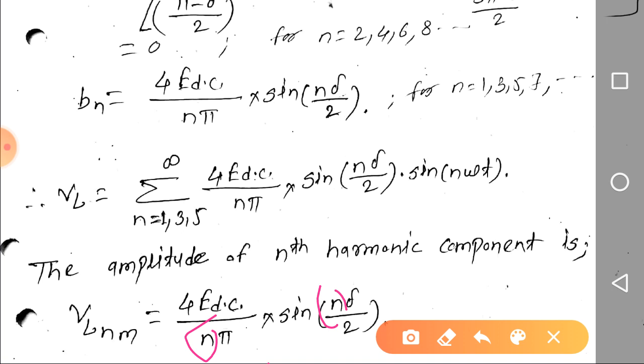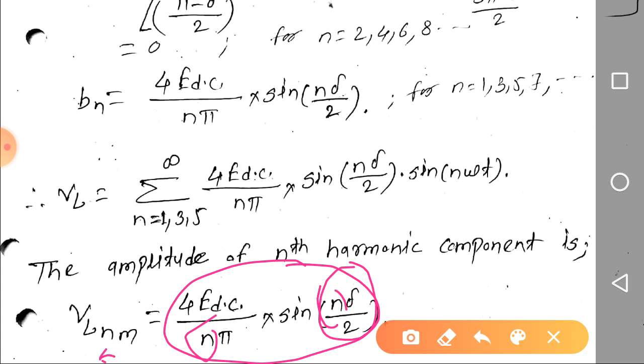Now if we select the value of δ/2 such that sin(3δ/2) becomes 0, then can we say that the total output voltage due to the third harmonic will be 0? Yes. So when will sin(3δ/2) be 0? Which delta do we need to select? Because we know sin π is 0, yes or no?